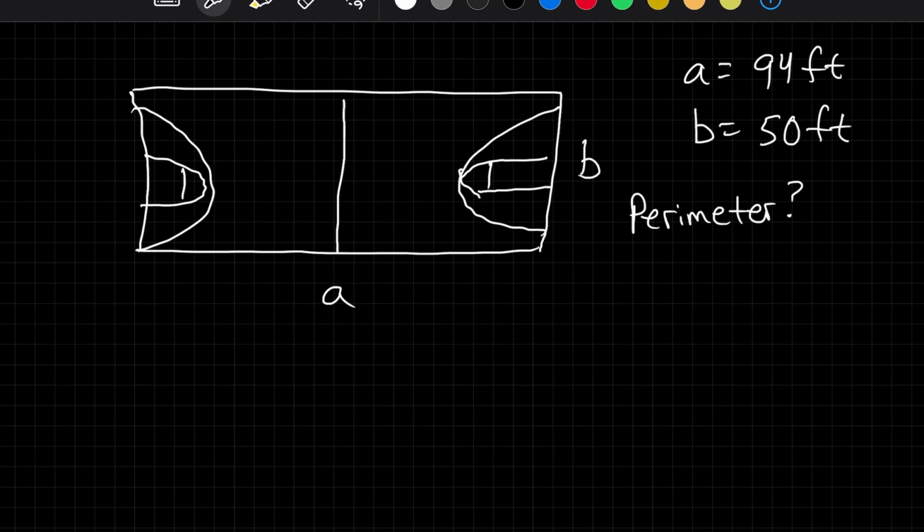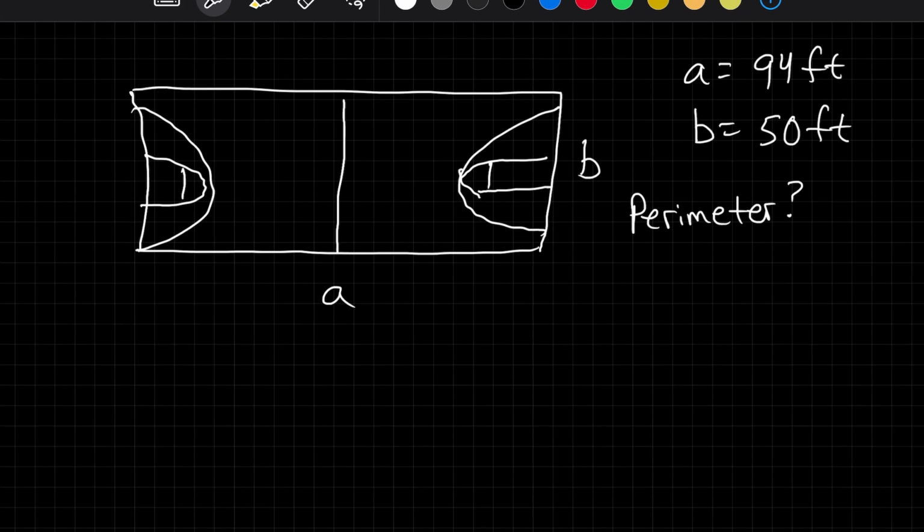If you've ever seen a basketball court, you know it's fairly long in the A direction and not as wide in the B direction. And if you've ever run up and down a basketball court playing basketball, it's quite exhausting. There's a lot of area there, but we won't talk about area of a rectangle quite yet. Let's try to find this perimeter.